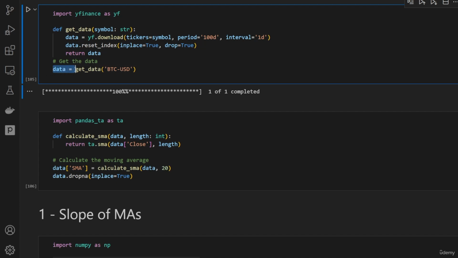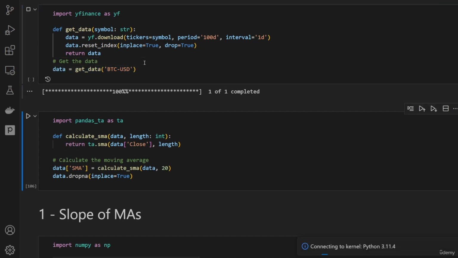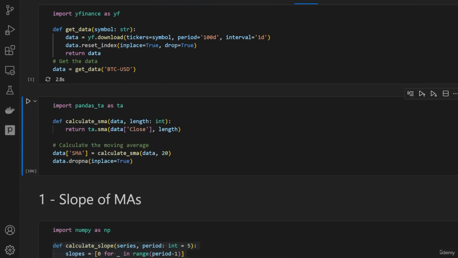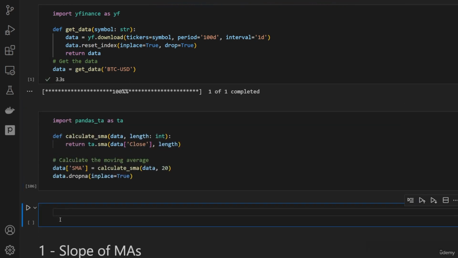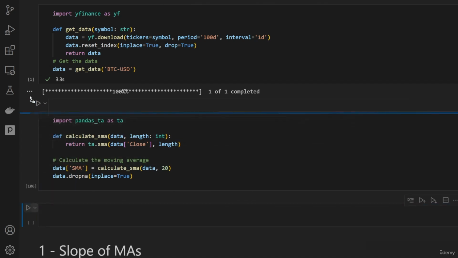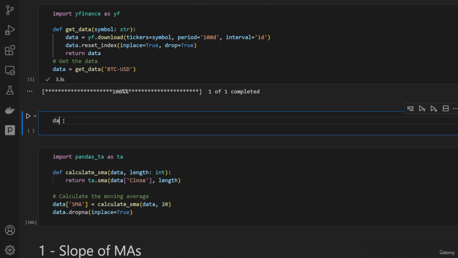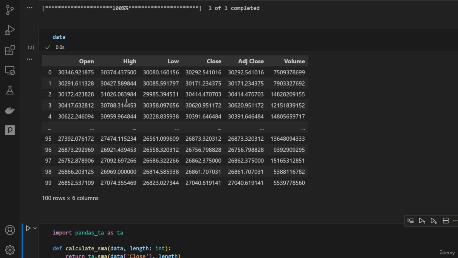Anyway, now we have a data frame called data. I'm going to run this cell, and we're going to see the data just to make sure that we're working correctly. I'm going to try to print data here. And this is our data frame. So we have the open, high, low, closing price, the adjusted close price, and then the volume.